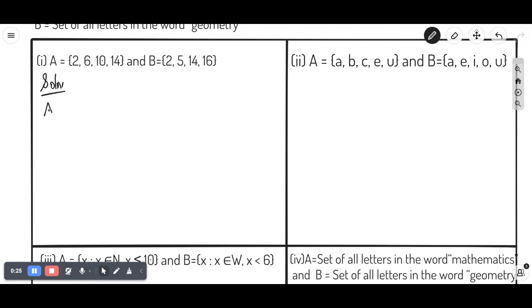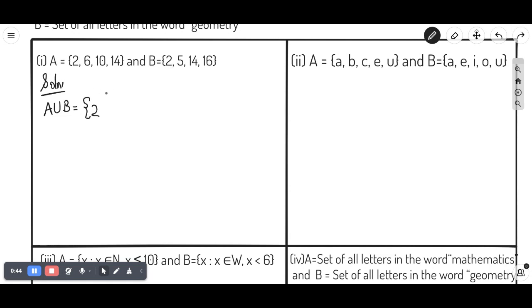We can directly write our answers. A union B was the first thing you have to find out. What is A union B? Union means you have to write all the elements of A and B, but don't repeat them. So you can write 2, but 2 is given in both the sets, so let's write it only once.